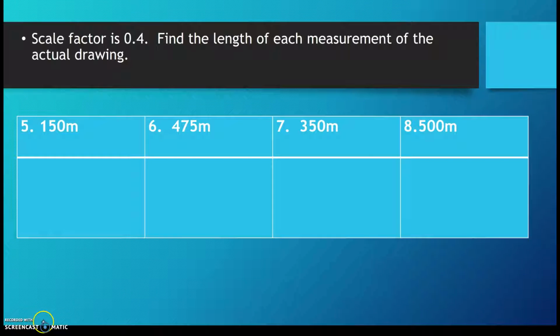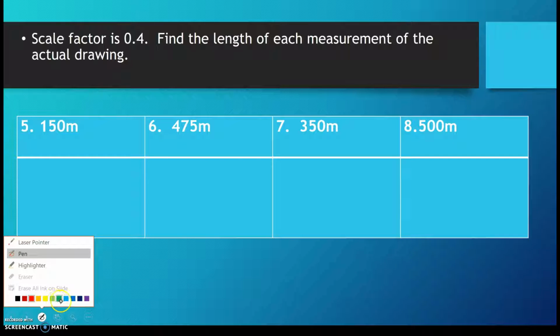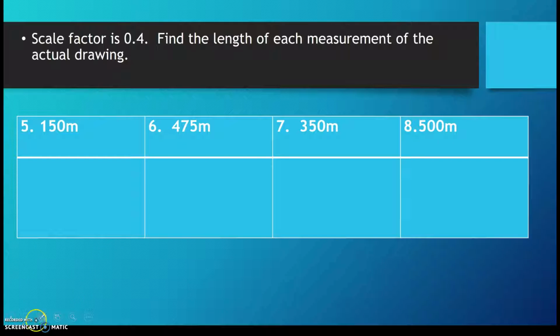Okay, so the next piece is the word scale factor. Scale factor means one thing. If it says scale factor of, that means you're going to multiply. So if it says you have a scale factor of 0.4, find the length of each measurement of the actual drawing.